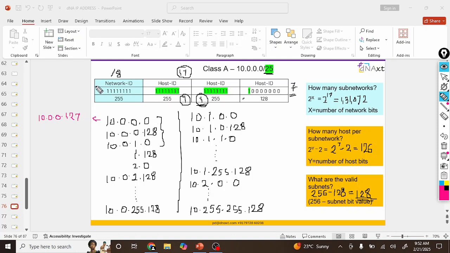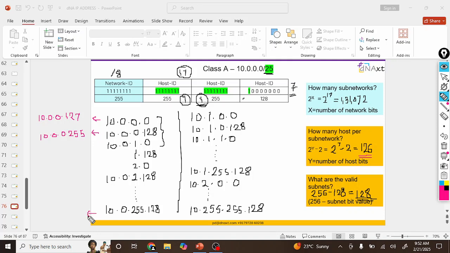So from 1 to 126 you will get 126 valid IP addresses. For the next subnetwork, the broadcast ID will be 10.0.0.255, so from 129 to 254 you will get valid IP addresses.